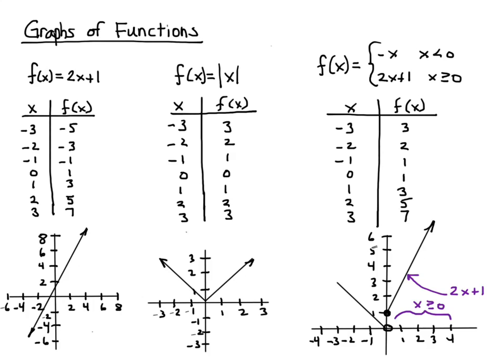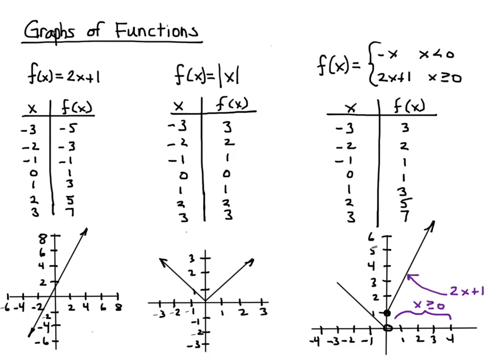I'm going to have this point. At negative 2, I'm going to have 2. I'm going to have this point. Negative 1, I'm going to have 1. And then at 0, since I'm going to the other definition, I'm at 1. And then at 1, I'm going to be at 3. And at 2, I'm going to be up at 5. So I'm going to be up here.